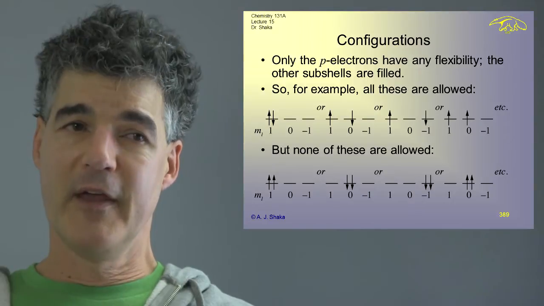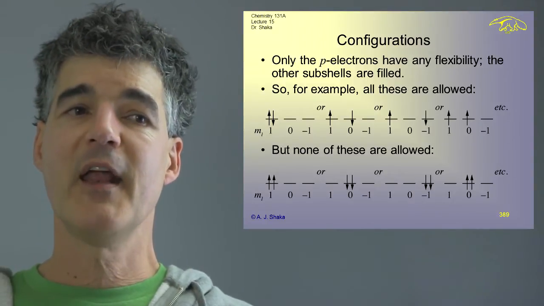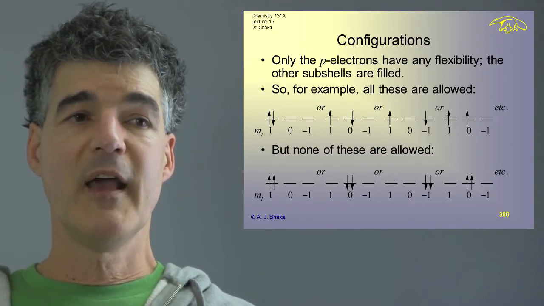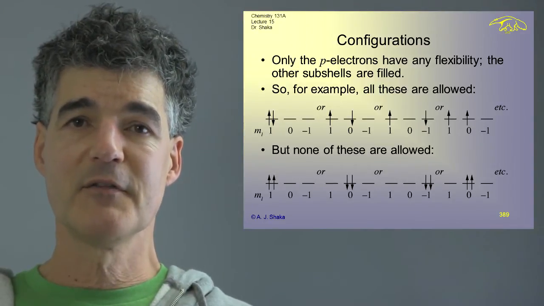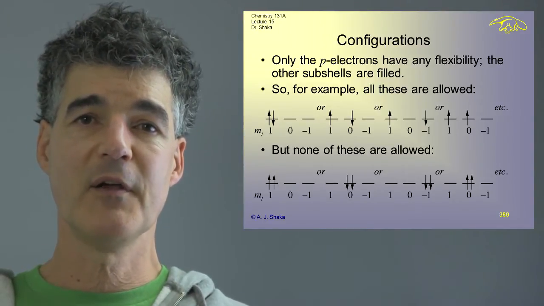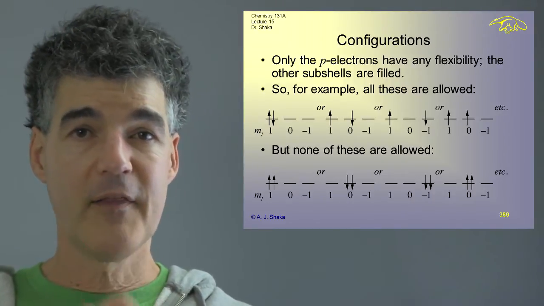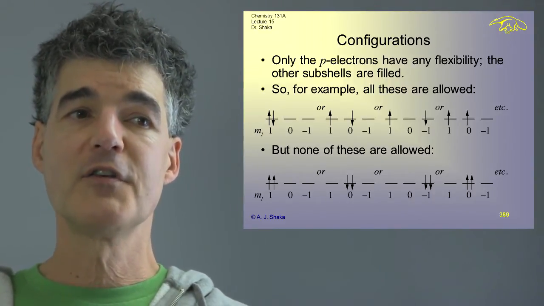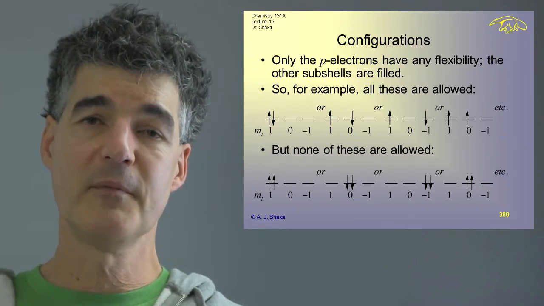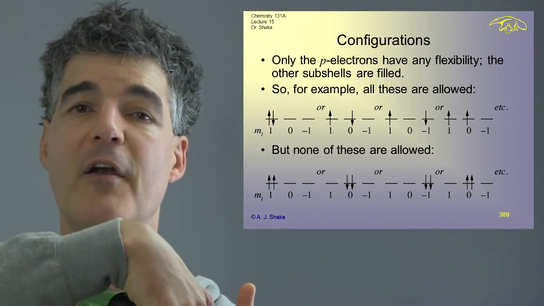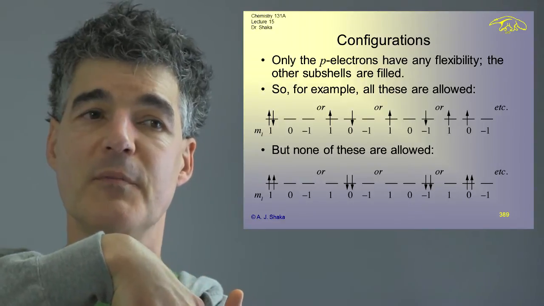For example, then, here on slide 389, we have all these possible configurations of the electrons in these 2p orbitals that are allowed. On the left, we've got 2 electrons in the m sub L equals +1 orbital, and they have to be paired because of the exclusion principle.